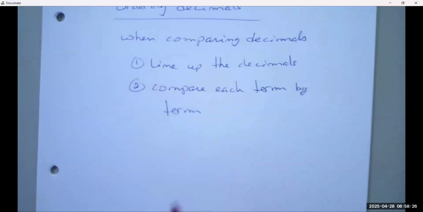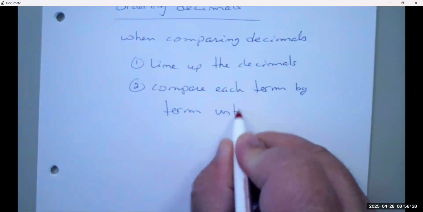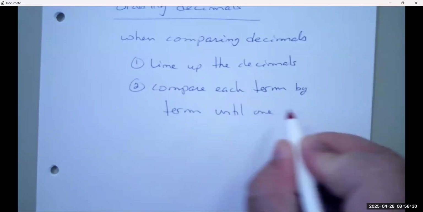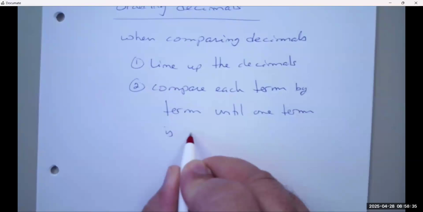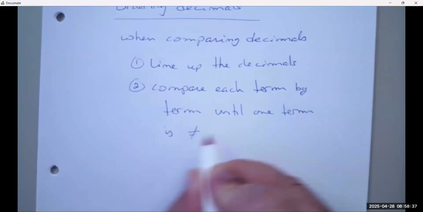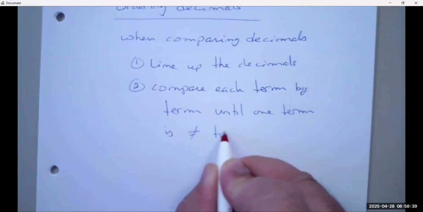I'll show you what that means in a second. Until one term is not equal to the other.